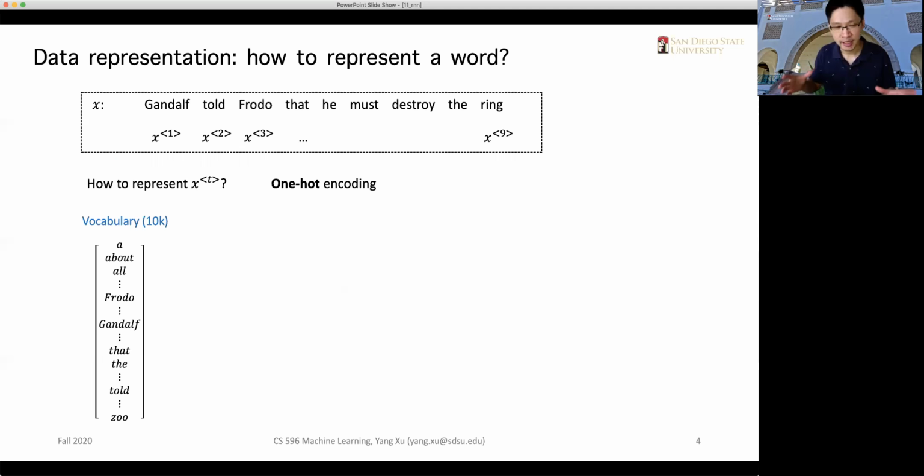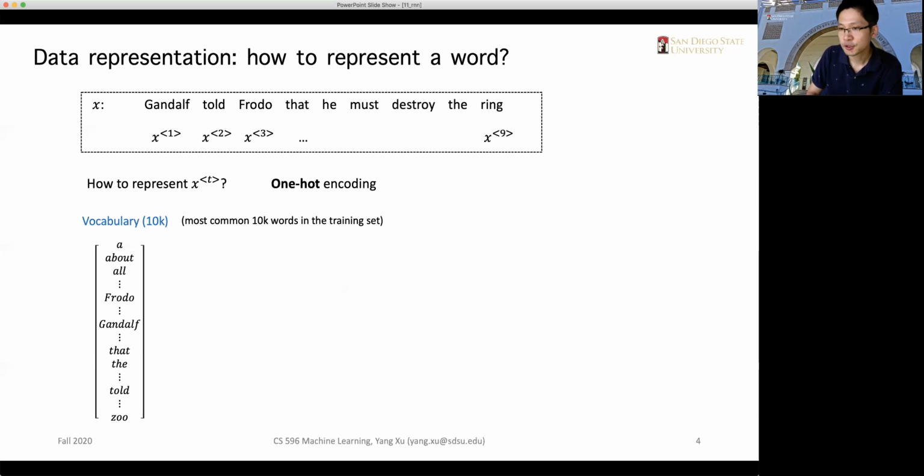Then we need to count how many unique tokens there are, and that is the size of the vocabulary. Most words are used repeatedly; they appear more than once. So we just count the number of unique words in the training set. For example, in this case, we have 10,000 unique words in the vocabulary. Then we can use V to indicate this quantity, 10K. That is our vocabulary size.